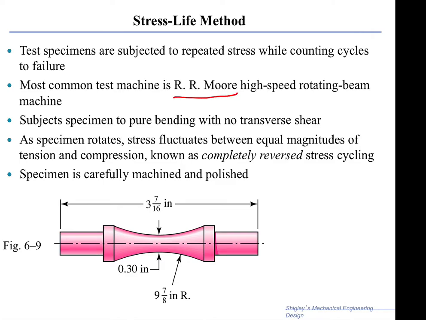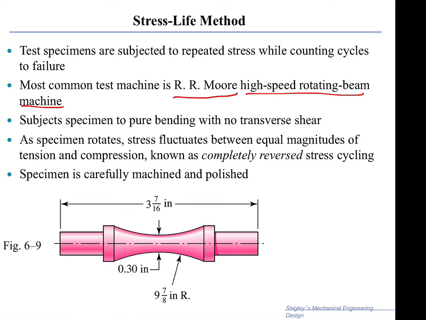So he has a machine that's called a Moore high-speed rotating beam machine, which is very common in fatigue testing of samples.